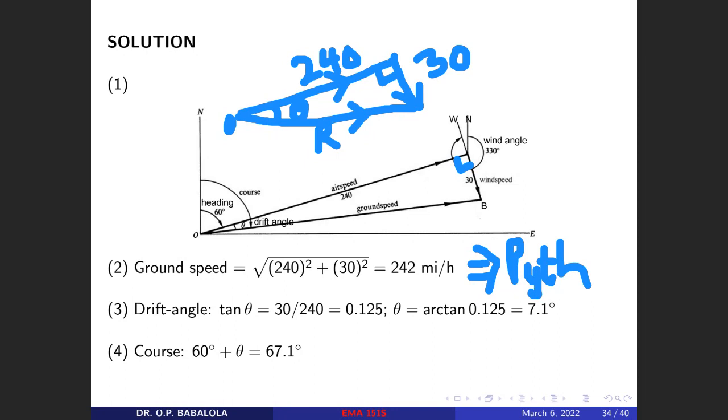So 30 is opposite, 240 is adjacent, R is hypotenuse. So what trig ratio are we using? We're using tan, and that is how we got this. Please do your computation and see that we have the same answer.